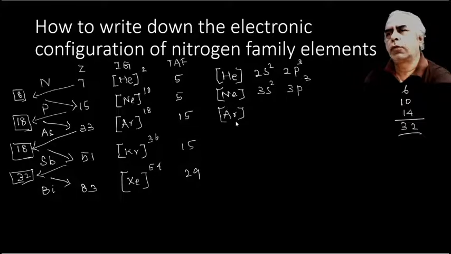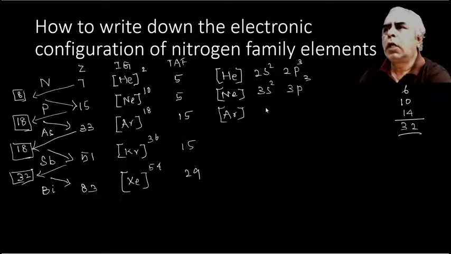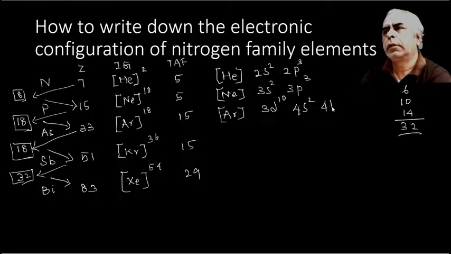Okay, so write down argon. And we must account for 15, but it has come across D block, is it not? So in that case, we had to account for 3d10, and then put the next shell, 4s2, 4p3, because 5 electrons. 10 plus 5, 15.